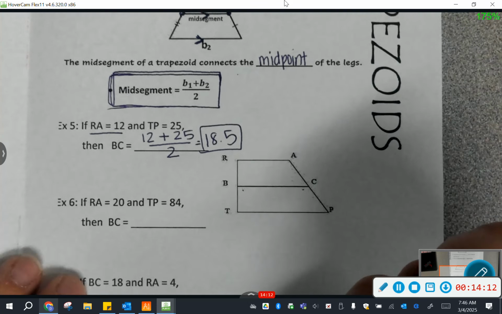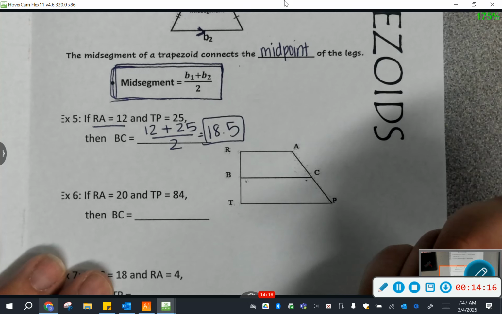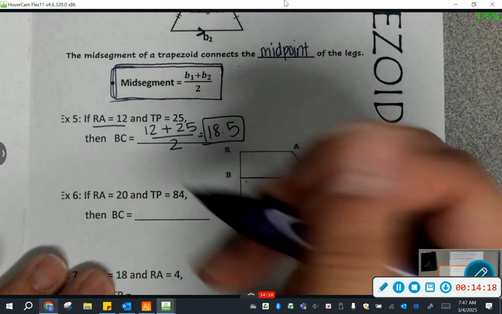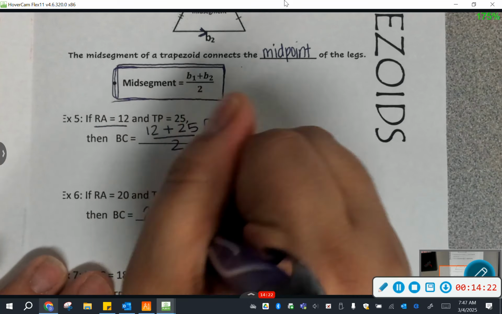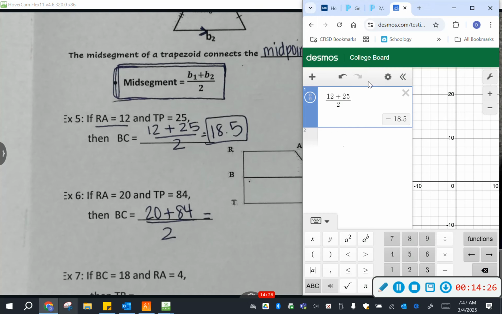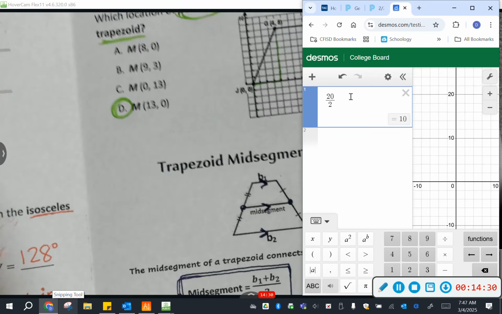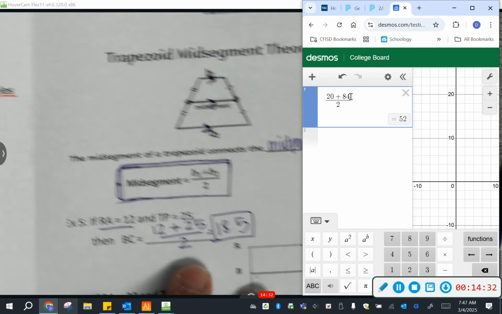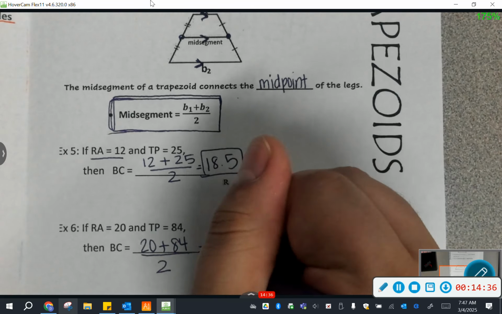What's your first base? Anybody? Oh, it's 20 plus my other base, 84. And then divide it by 2. What is that going to give me? 52? Okay. 52 is correct. So 52 is my answer.